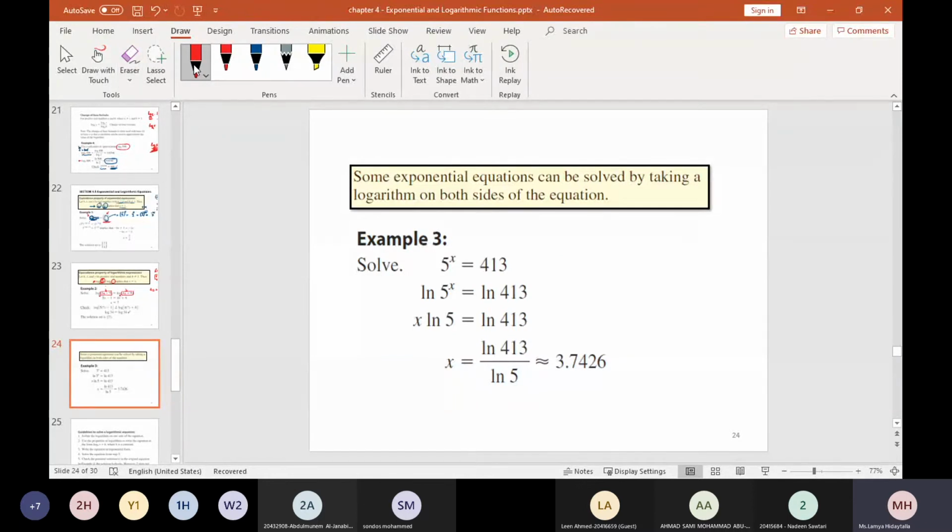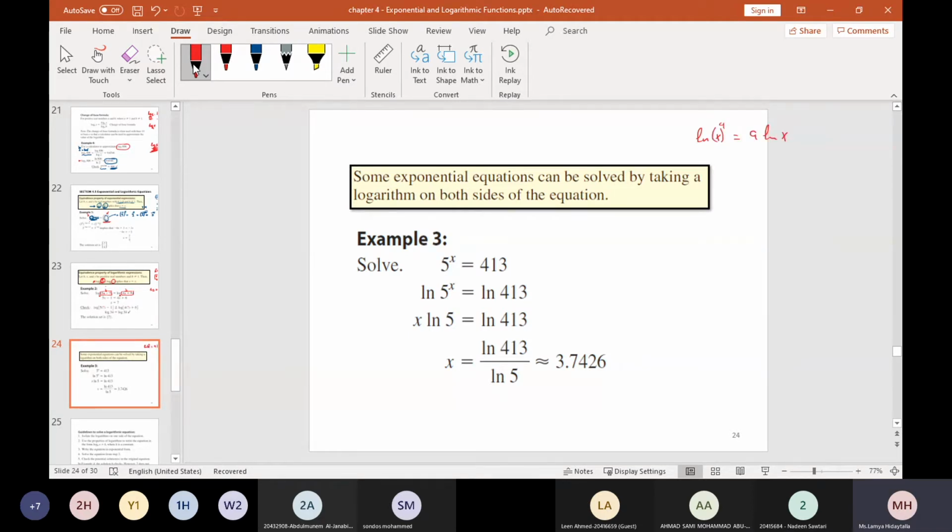The only thing I know is that I can take the ln, because ln of x to the power a is equal to a ln x.